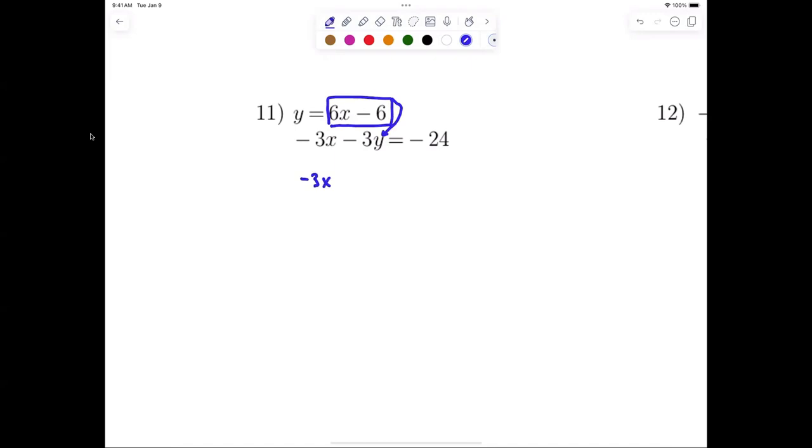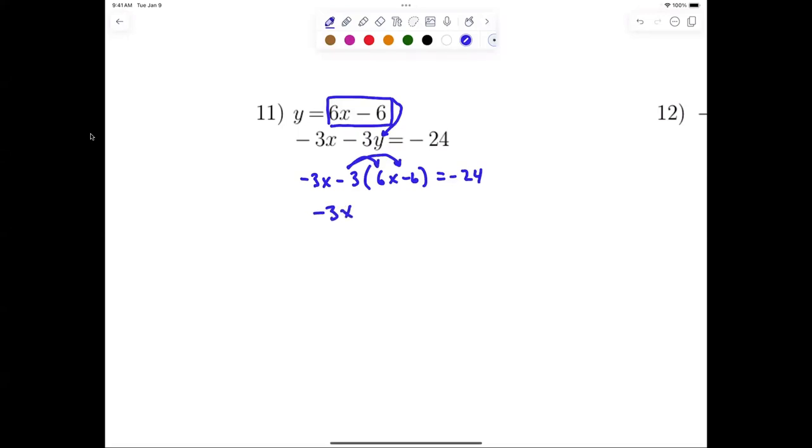Negative 3x minus 3 parentheses 6x minus 6 equals negative 24. Anybody have any trouble with that substitution? Now I distribute the negative 3.